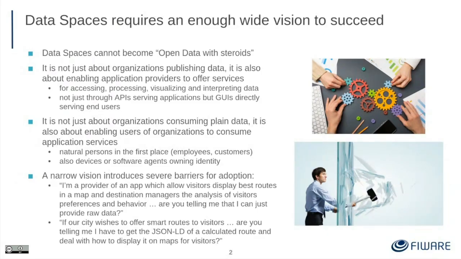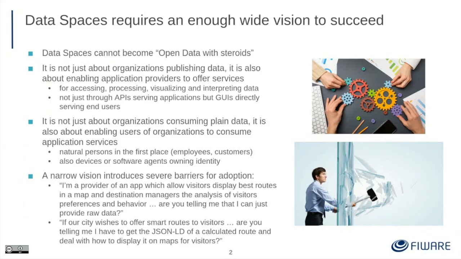They can do this through APIs, but they can also share this through graphical user interfaces, directly serving end users inside the data space. So a participant can not only consume the plain data and have to do all the visualization and processing themselves, but they can actually give their employees, their users and so on, direct access to an application that already does that for them.